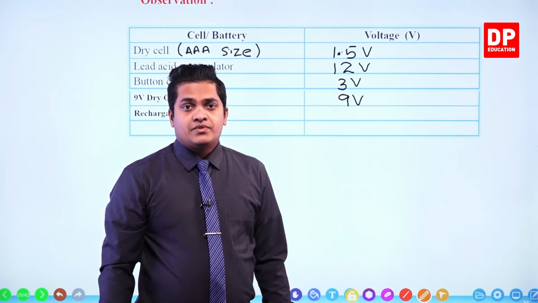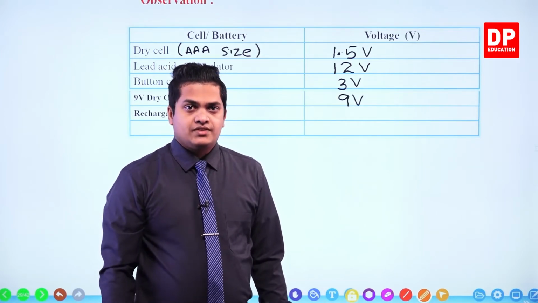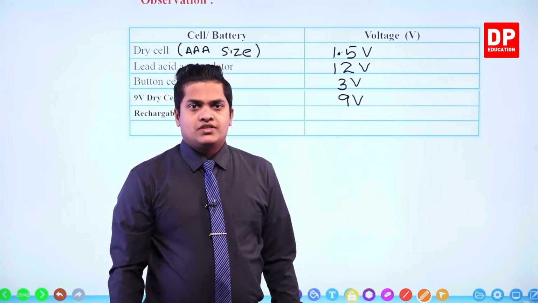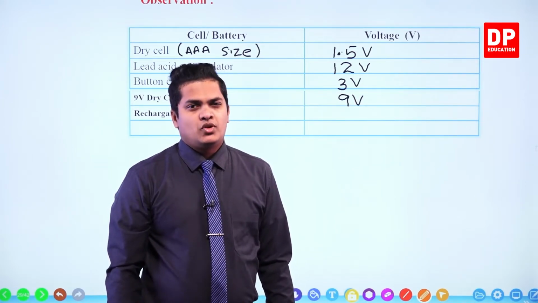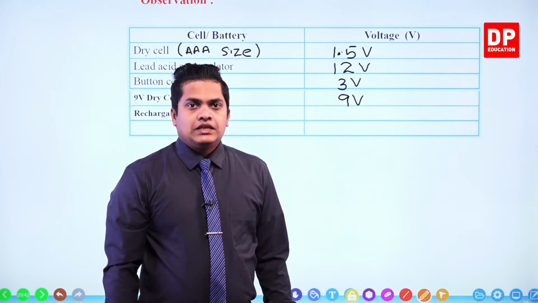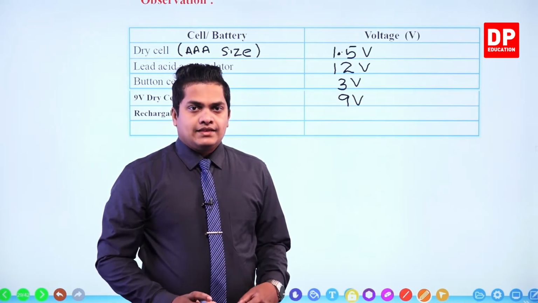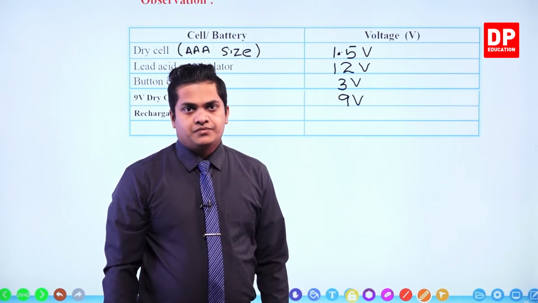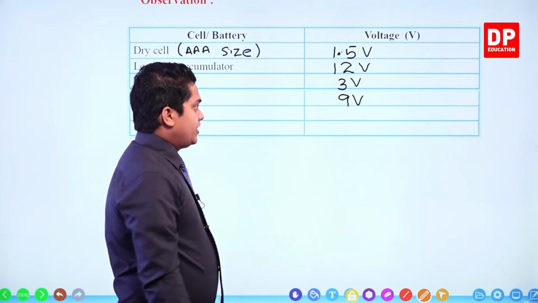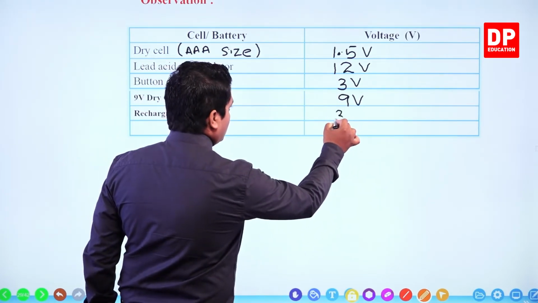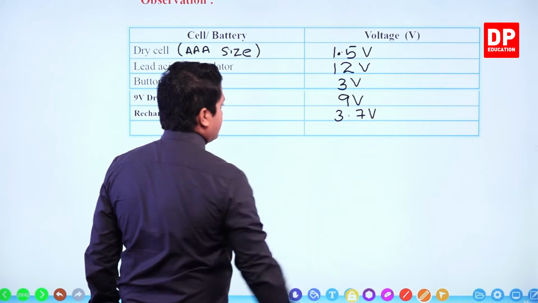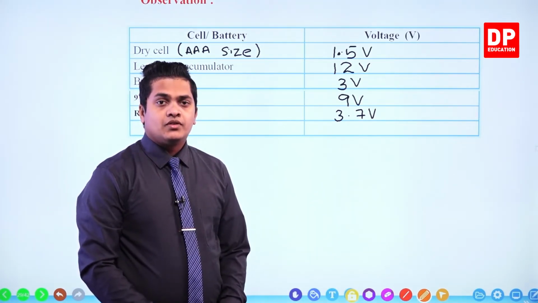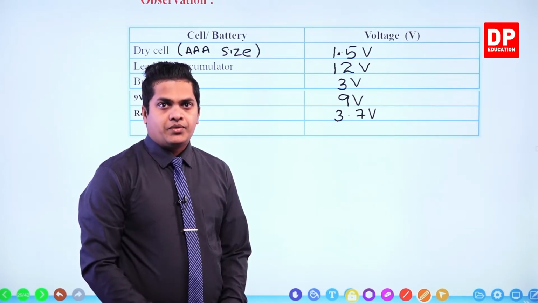Most rechargeable cells are about 3.7 volts. The rechargeable cell that we used in our lab was somewhat dried out, so I'll mention that usually it's 3.7 volts. So these are the voltage values that we measured in this experiment, right?